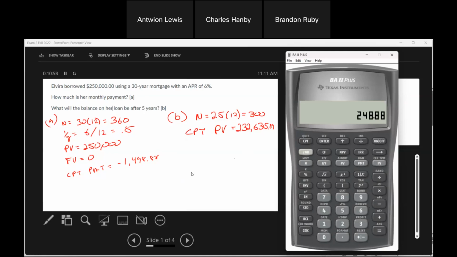And the last 60 to 65% of the loan you pay off in the last 15 years. That's why it's so beneficial to pay extra. You can pay a relatively small amount and pay off the loan.